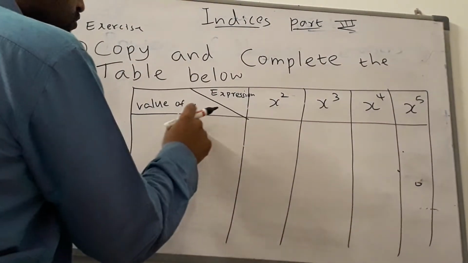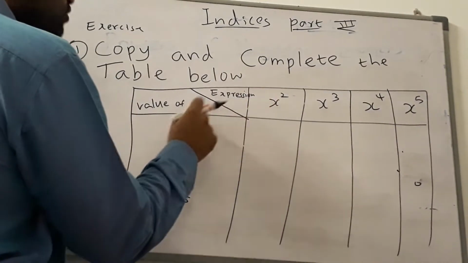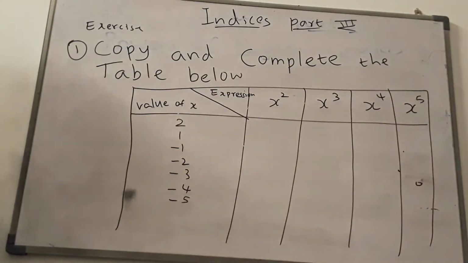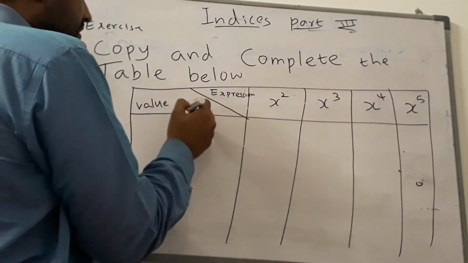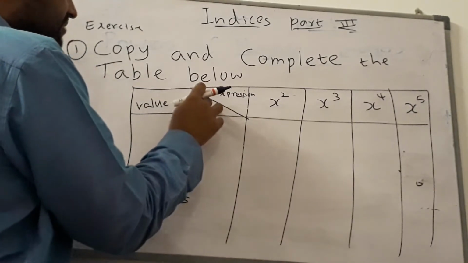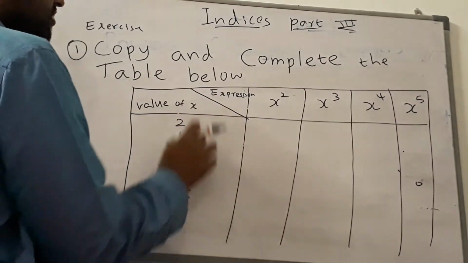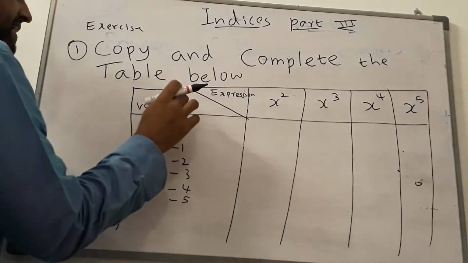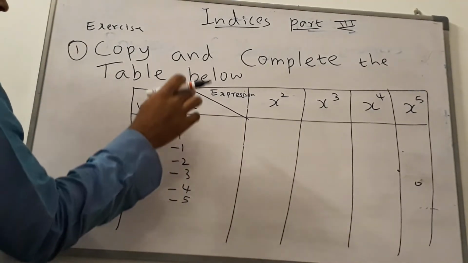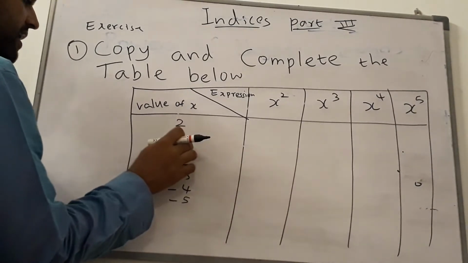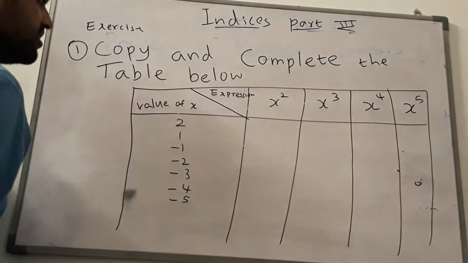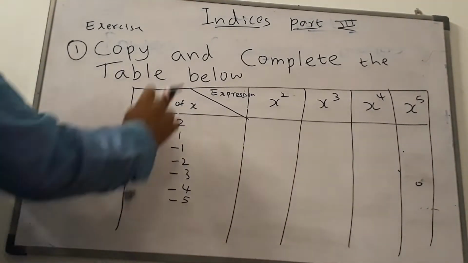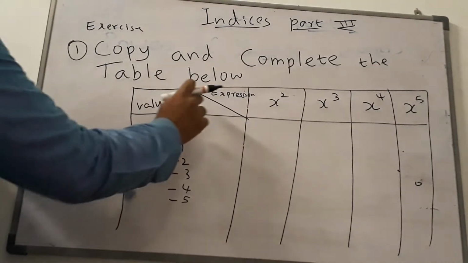If the value of x is 2, then x squared means 2 times 2. Suppose these are the values of x: first 2, then 1, then minus 1, then minus 2, and so on.